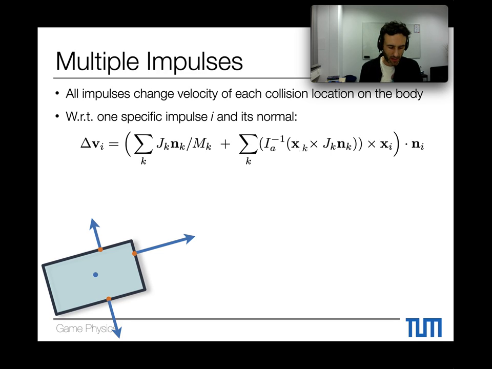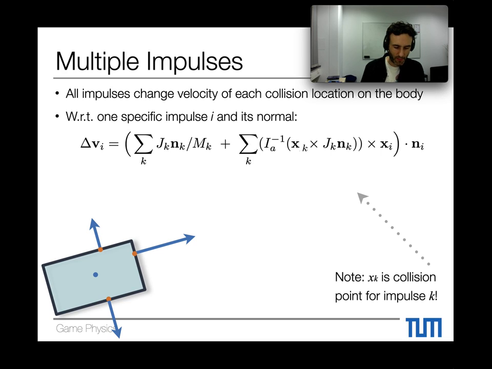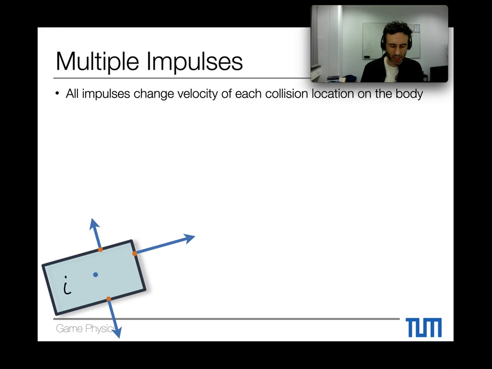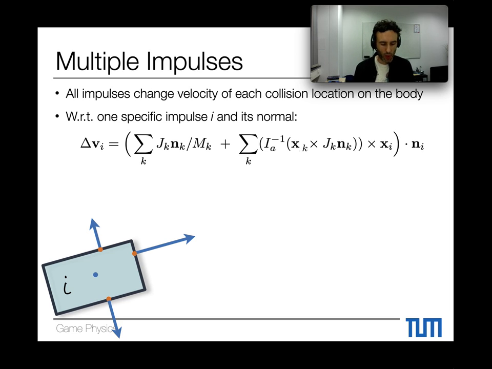So if we look at one specific final impulse, so one change of a velocity due to an impulse, here for an object I, then what we now can do is keep our impulse formulation and introduce a loop, in this case over k, for our object I that accumulates the influence of the impulse.